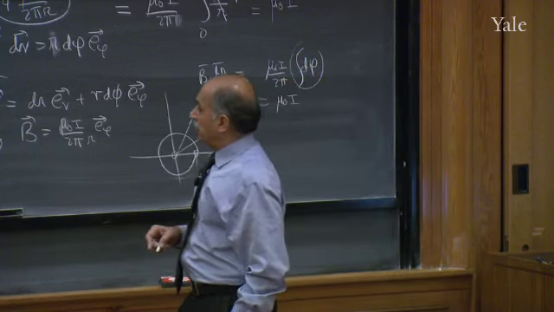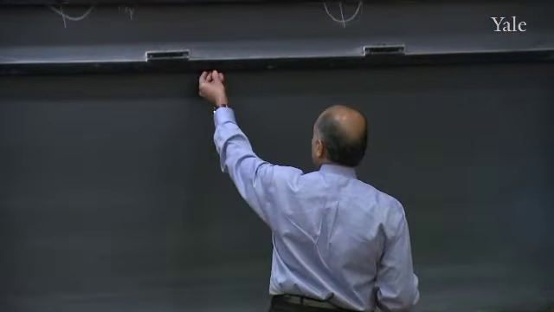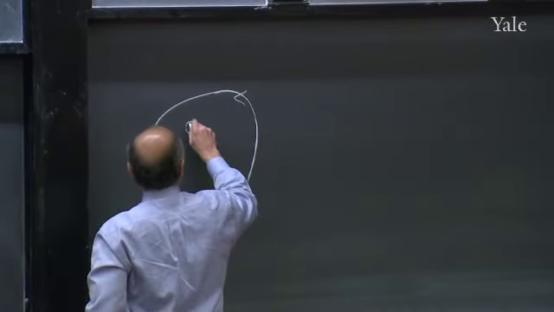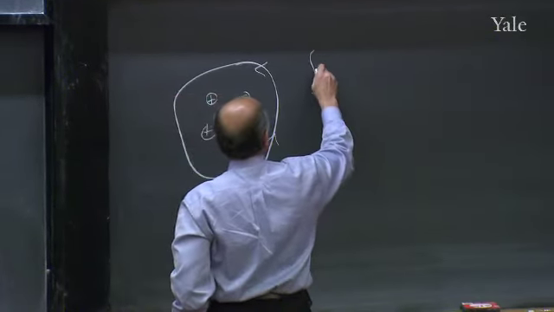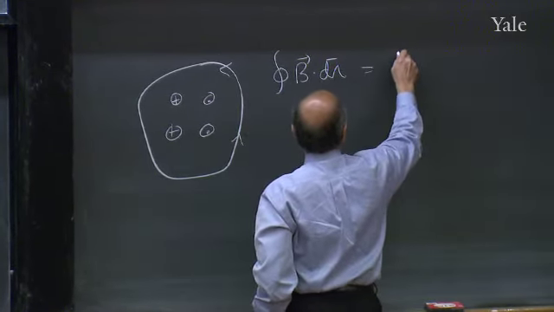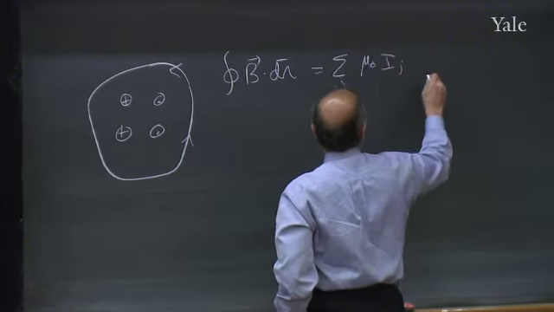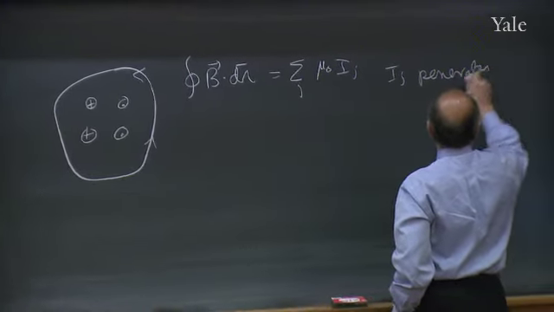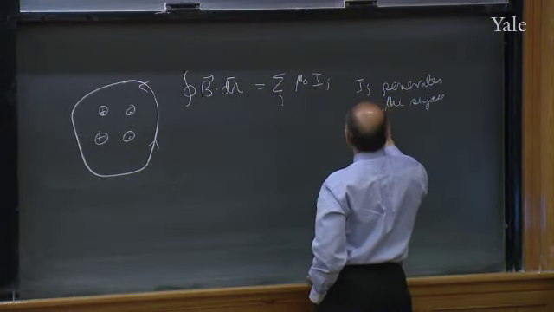And finally, by superposition, if you got many wires coming out of this, some are going in, some are coming out, some are going in, some are coming out, then the integral of B dot dl is equal to mu 0 times the sum of all the currents I_j that penetrate the surface bounded by the loop.